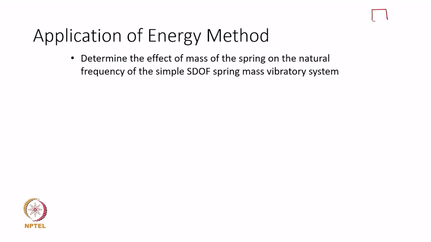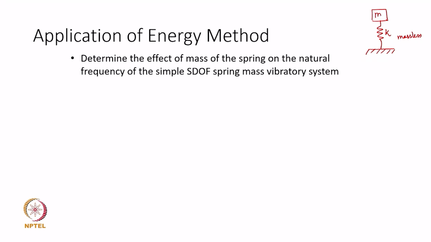We have been assuming that when we write the governing equation for such a simple spring mass system, we often assume that this spring is massless. So, we always say that the mass that is supported by the spring is heavy enough, or much higher in terms of its inertia property compared to the mass or inertia of the spring itself.